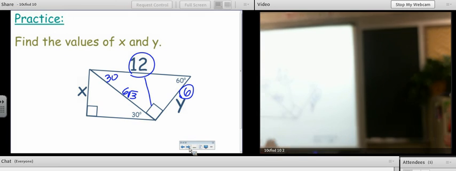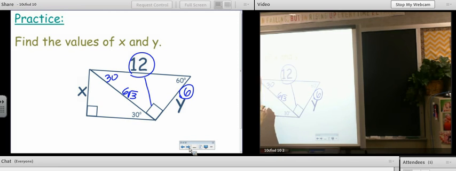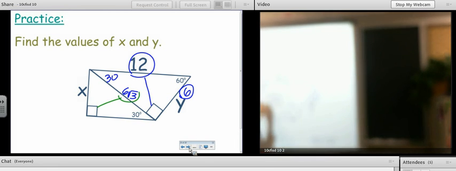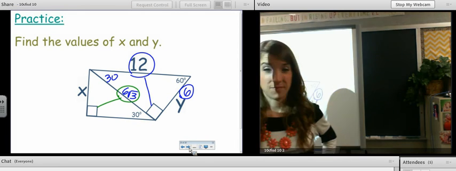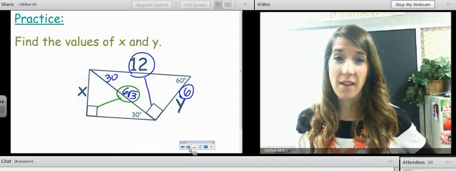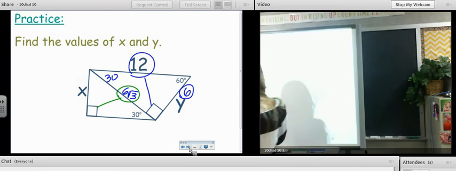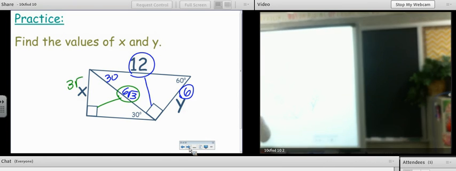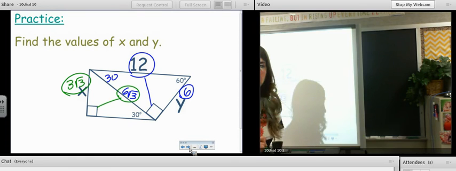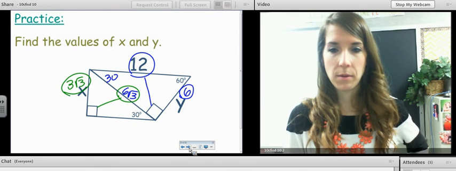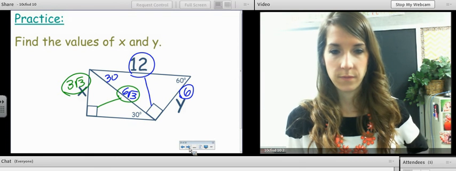Now we come over to this triangle, it's a little bit tougher. What do I have and what is it across from? I've got the hypotenuse again, so I need to cut it in half. I've got the hypotenuse, I want the short leg. So I just take the hypotenuse and cut it in half. And there we go. X is 3 root 3 and Y is 6.